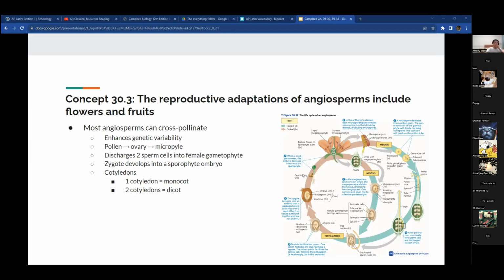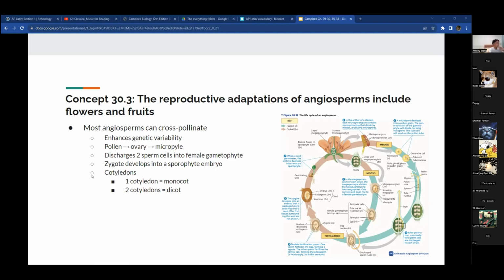The other sperm will fuse with the polar nuclei in the central big cell, and that will form the endosperm. The job of the endosperm is to work with the integument, the parent tissue, to provide and nourish the developing embryo. And then the zygote will develop into a sporophyte, like we said.